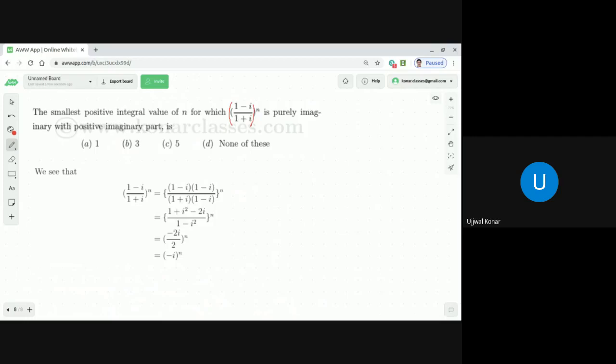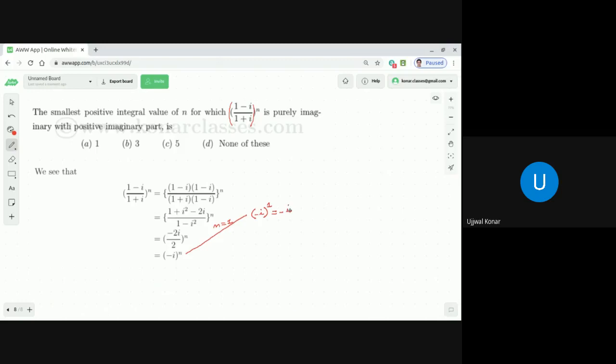Now we need to concentrate on what the smallest positive integer value of n is so that (-i)^n is purely imaginary with positive imaginary part. First take n equal to 1. We are going to get (-i)^1, that is equal to -i.